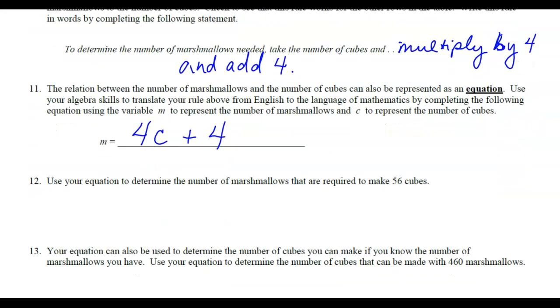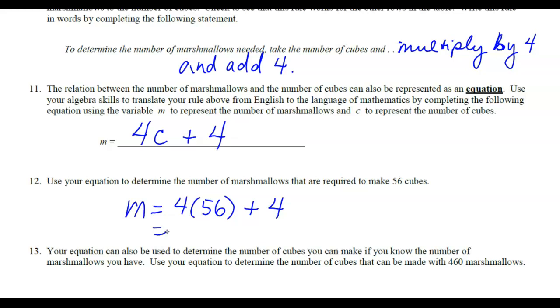Okay, so now if we want 56 cubes, we're going to substitute 56 in and evaluate that. Do it without a calculator, just in your head.